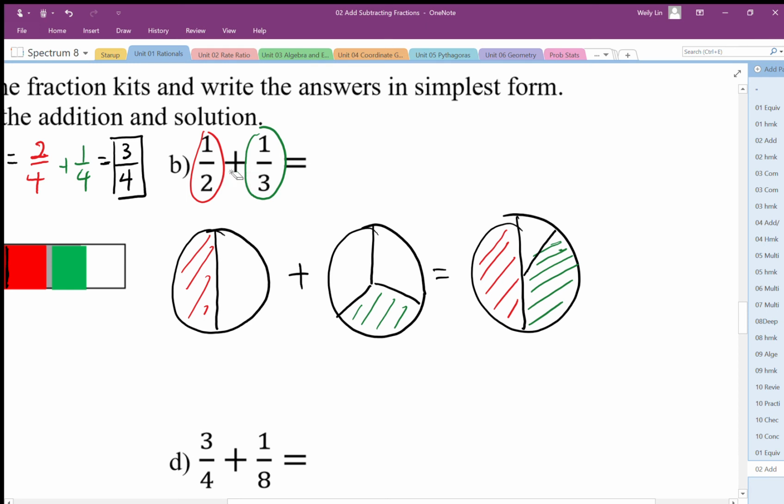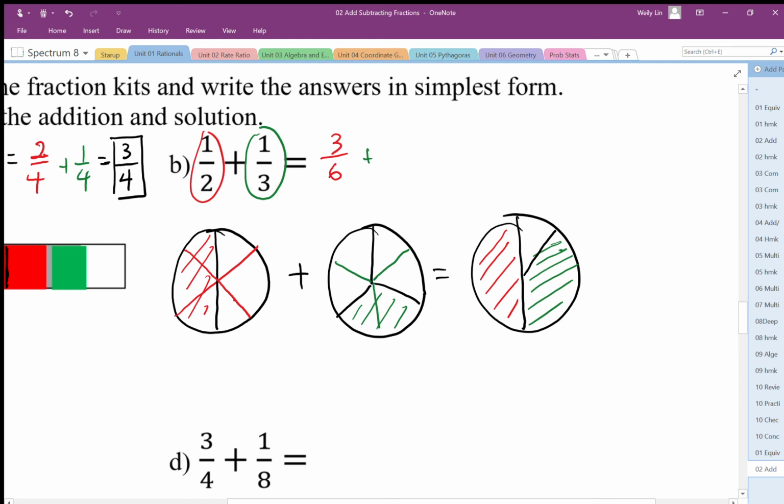If I look at the multiples, the common multiple is 6. So I can do groups of 3 over here. I times the top by 3 and the bottom by 3 to get 3/6, an equivalent fraction to 1/2. Plus, I'm going to do groups of 2.